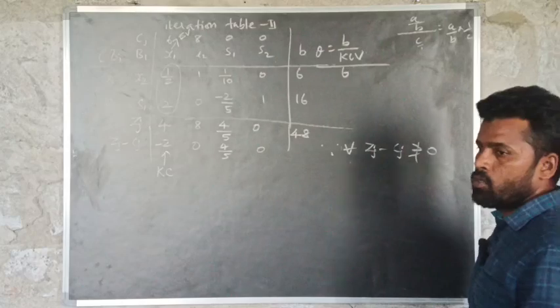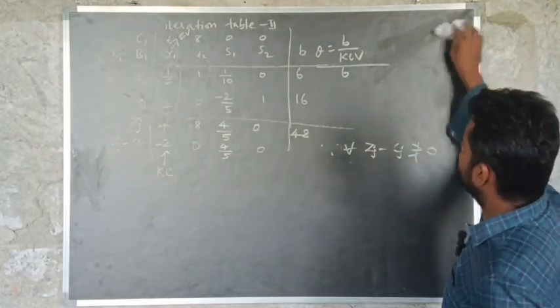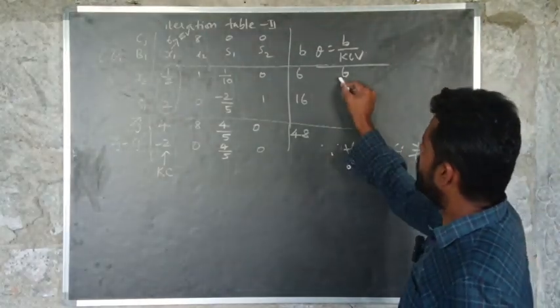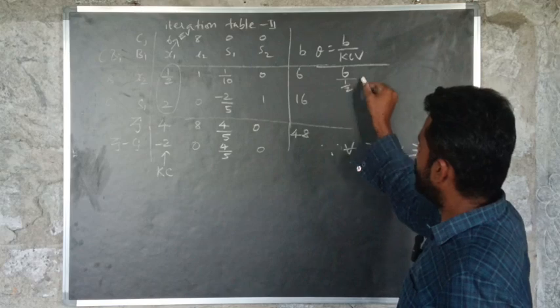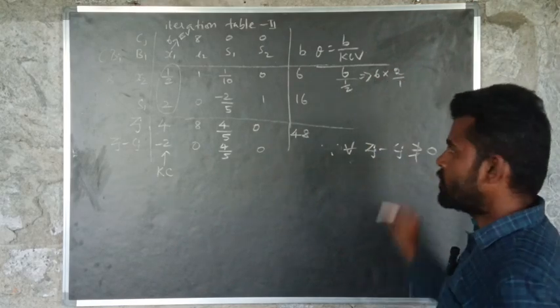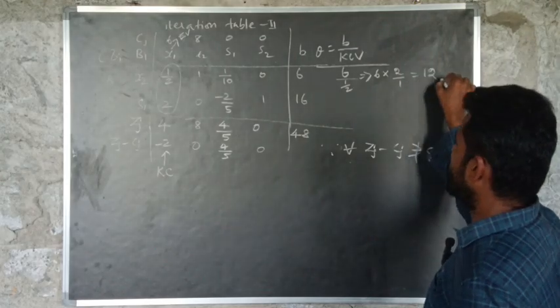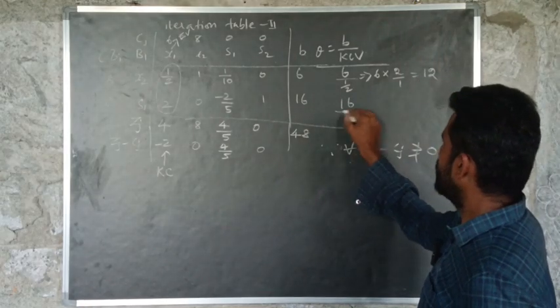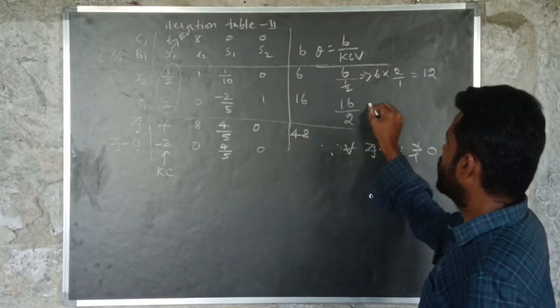This kind of thing you have to apply. So for 6, instead of dividing by 1 by 2, I am going to use 6 into 2 by 1, which is equal to 12. Here 16 divided by 2, what will I get?